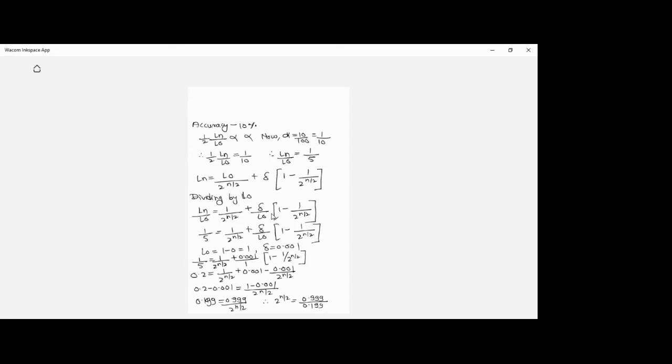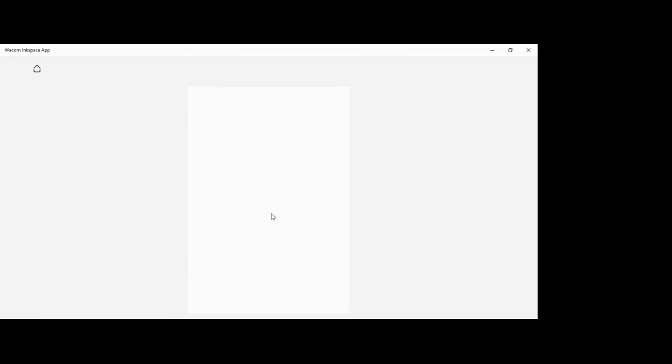So we have finished with this page. We stopped at 2 n by 2 is equal to 0.999 divided by 0.199, right? So therefore 2 n by 2 is equal to 5.02.